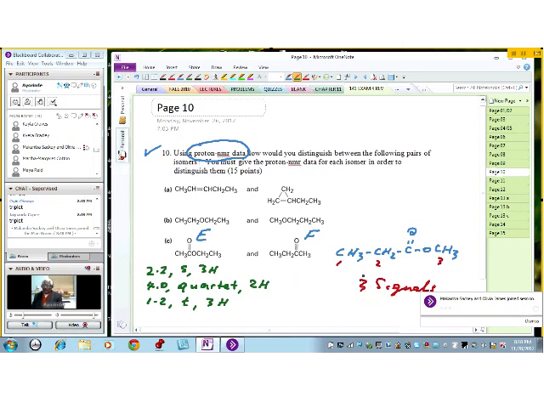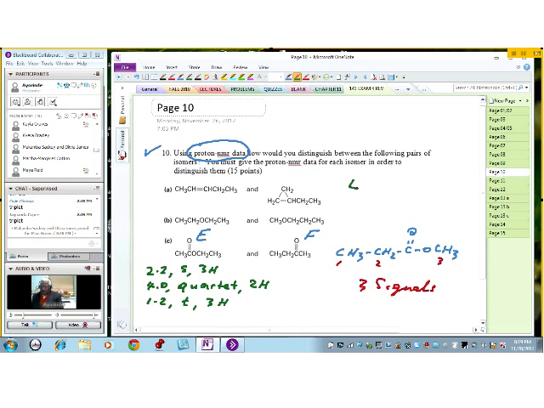Okay, now let us take a look at the proton NMR data for compound F. Let us start with this methyl here. What will be the chemical shift?